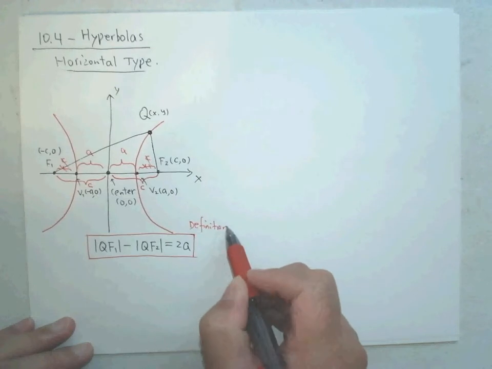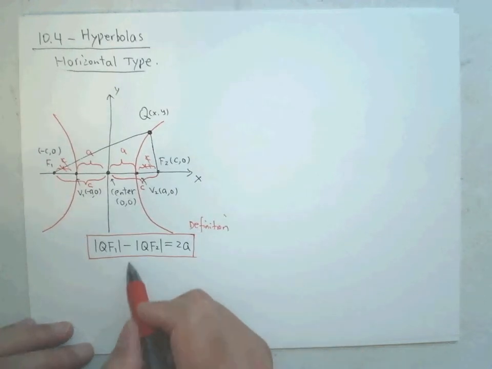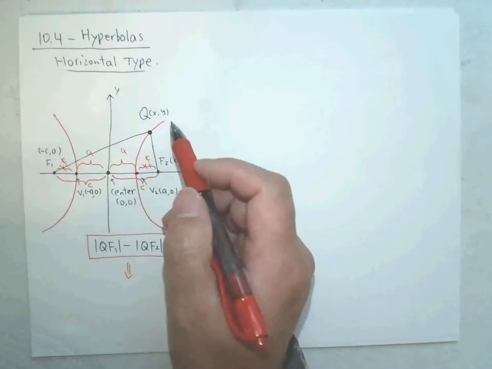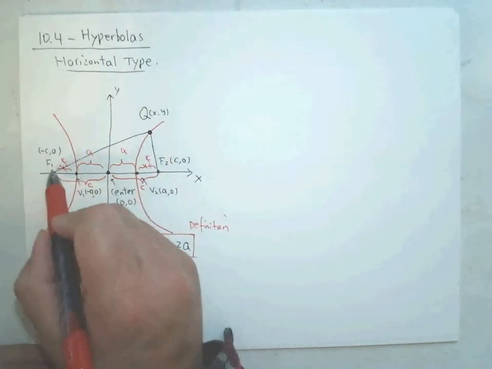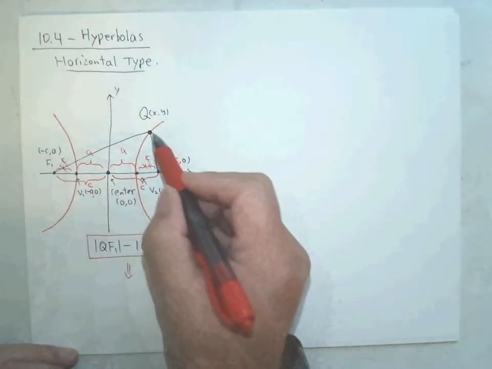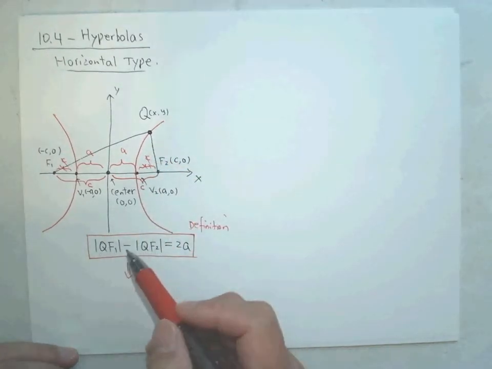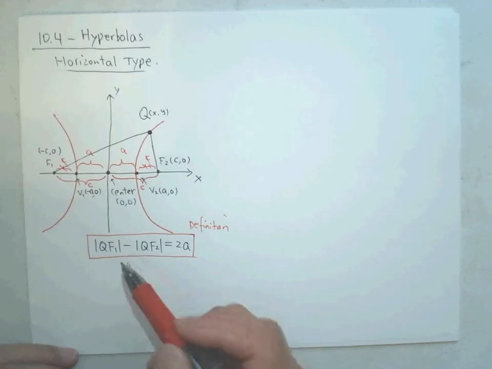Based on this, we can do the calculation. You know this point, you know this a, so you can find the distance, and you can also find the distance from Q to F2. This is very similar to what we did for the ellipse.